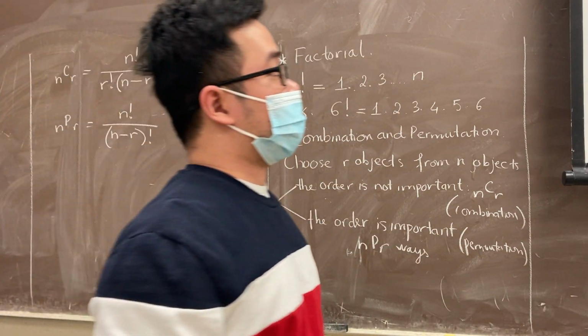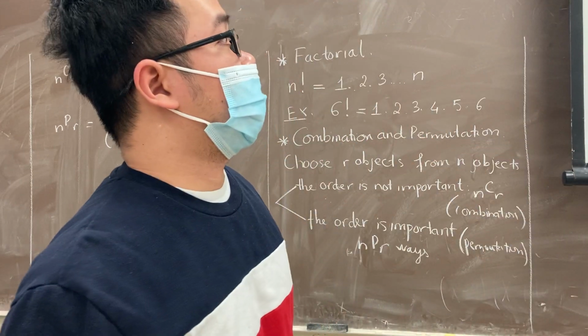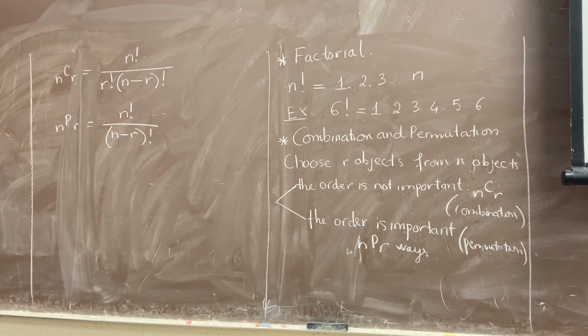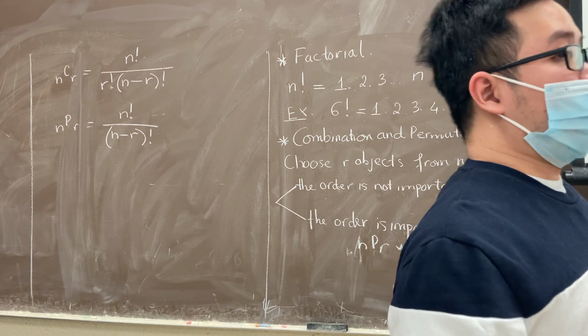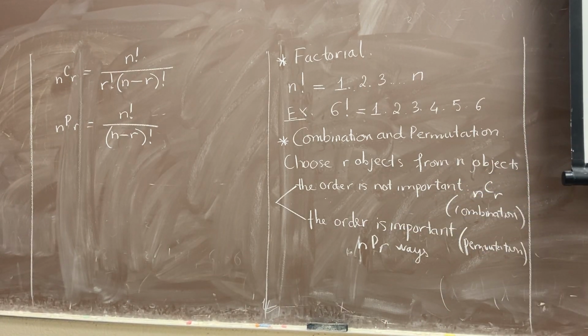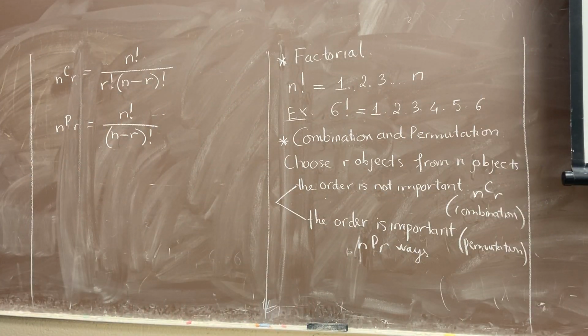Okay, so we'll look at the sample exam. Look at question 13. A coordinator will select 5 songs from a list of 7 songs to compose an event musical entertainment lineup. How many different lineups are possible? Could you tell me in this case, is the order important or not important?